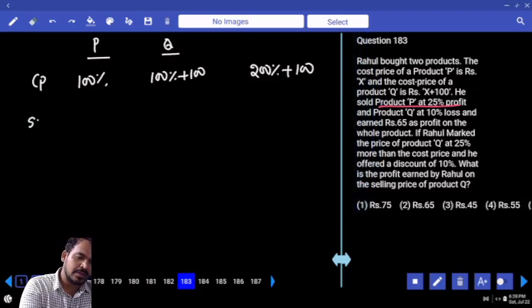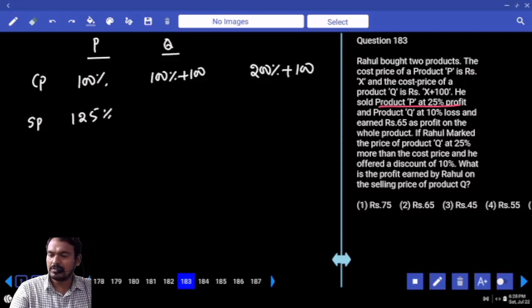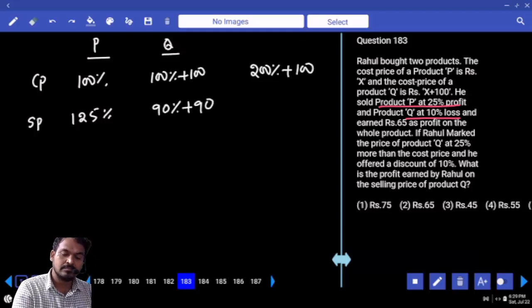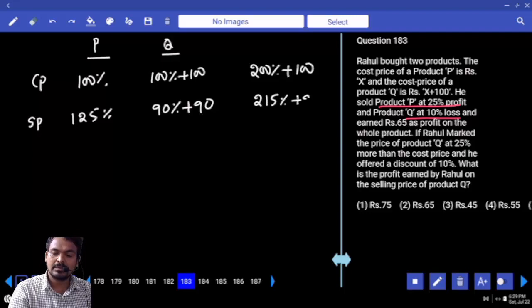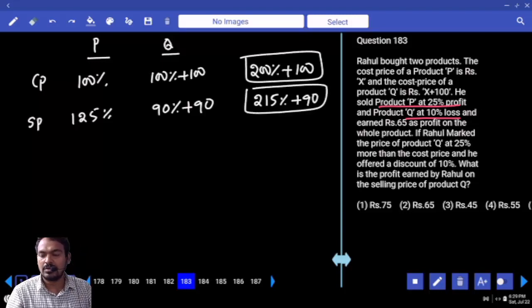First one is sold at a profit of how much? 25%. Means selling price of first one is 125%. Second one is sold at 10% loss. What is the selling price of second one? 10% loss means 90% plus 90. These two are added, we get the total selling price. What is the total selling price? 215% plus 90. We know the total cost price, we know the total selling price. Difference is equal to which one?